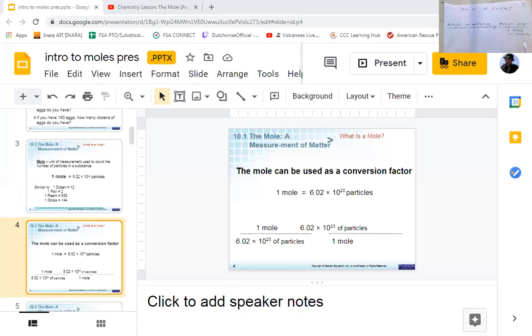This is how you're going to justify conversions in high school, college, because when you line it up properly, moles of material here, we're going to cancel this unit out with this mole of material here. If I have moles here, I'm going to be able to cancel these out, leaving only molar mass or moles.